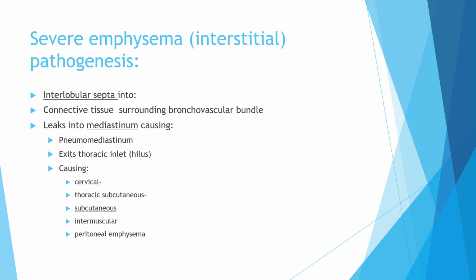Go through the slide and the corresponding parts of this content in your notes and see if you can work out exactly what I'm trying to depict here as to the sequelae of severe interstitial emphysema, basically how that can result in a subcutaneous emphysema, what route it follows to get there, and peritoneal emphysema.